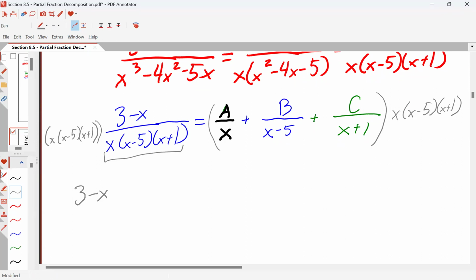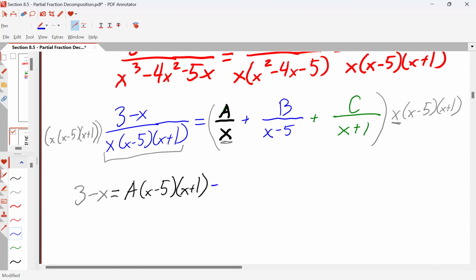When I multiply a over x by x times (x minus 5) times (x plus 1), the x's cancel. This x cancels with this x. So I end up with a times (x minus 5) times (x plus 1).